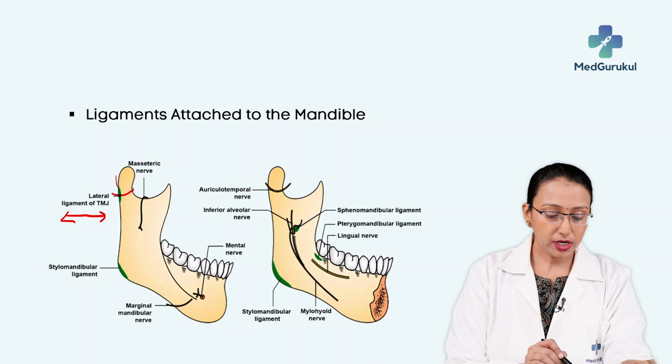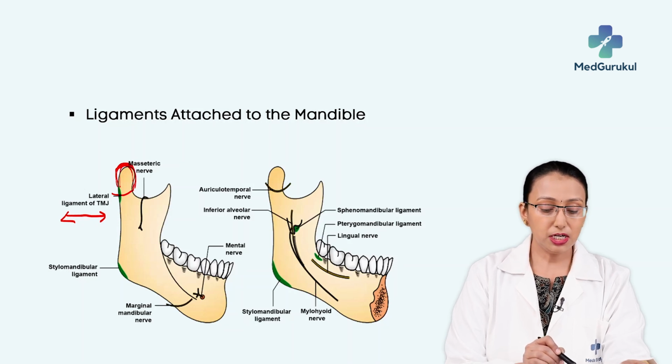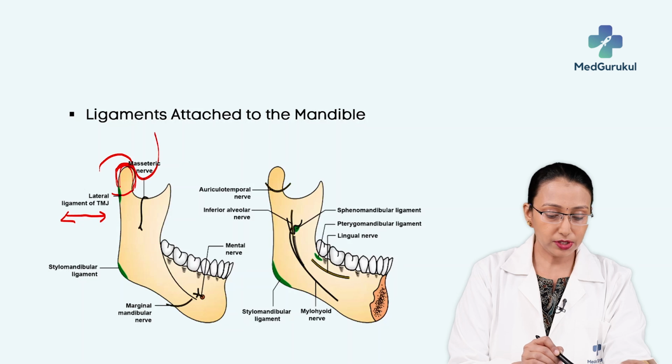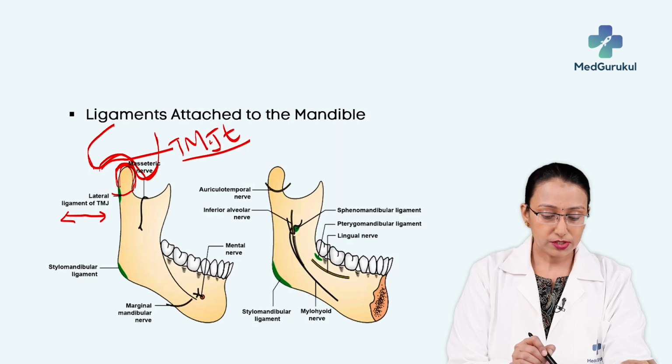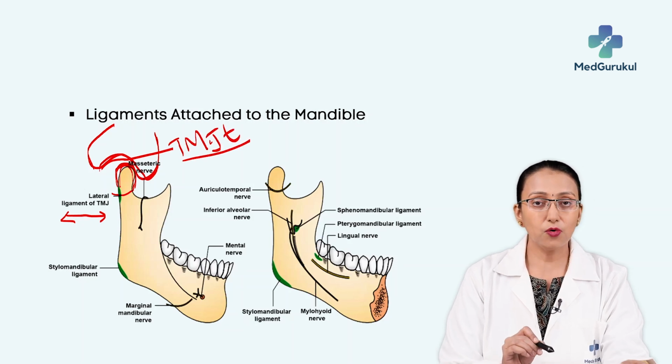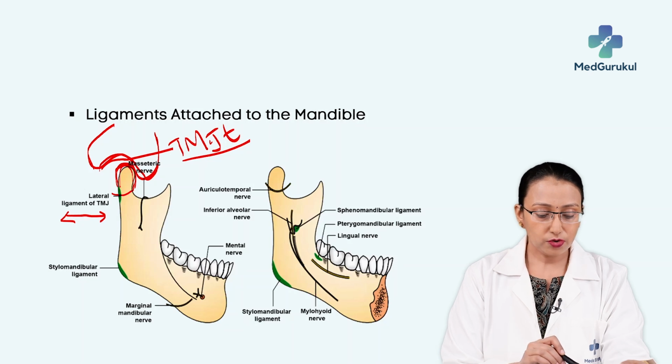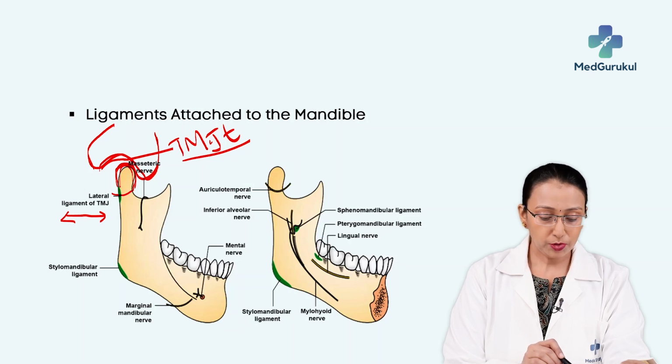The condyloid process articulates with the mandibular fossa of the skull bone to form the TM joint, a condyloid type of synovial joint. The lateral ligament of the TM joint is related to this joint.